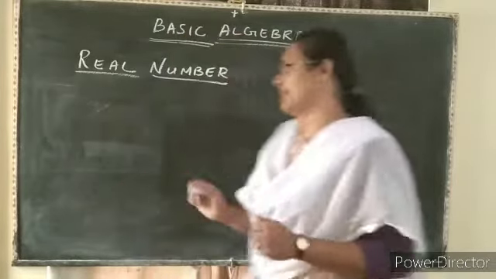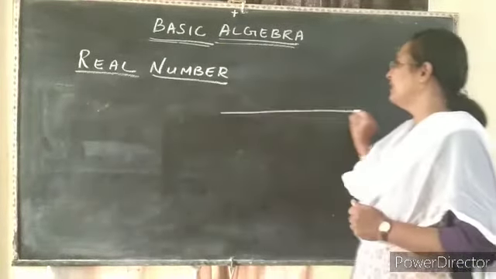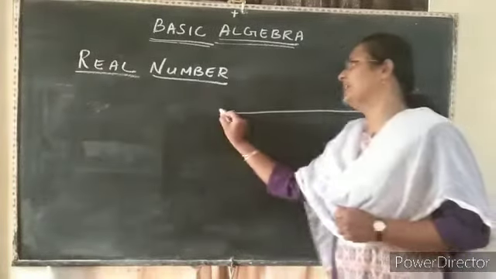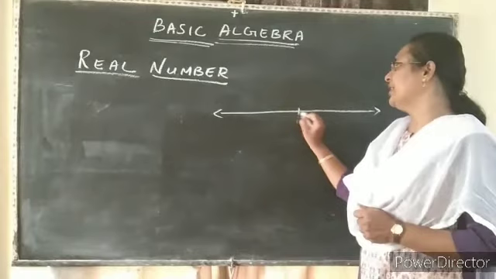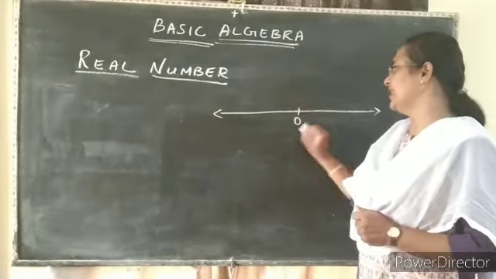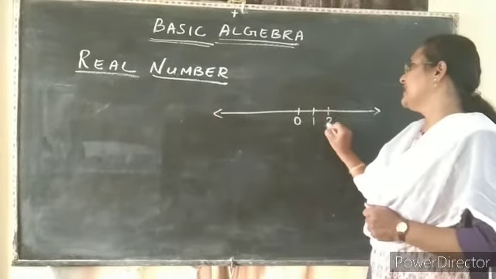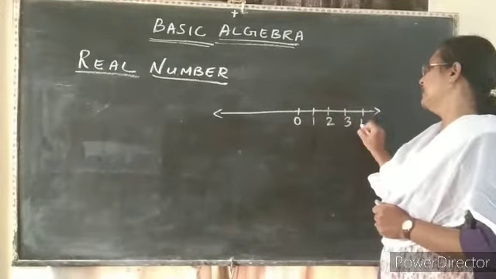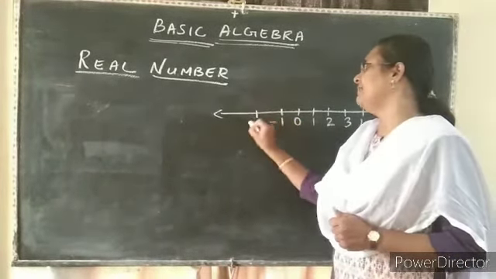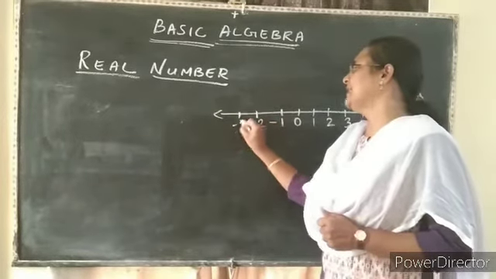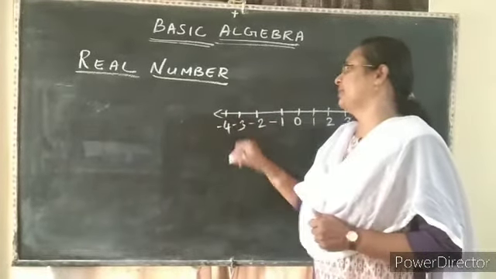Can you guess? Now you just imagine we have a straight line, the number line, isn't it? So we have drawn a number line, and we know how to mark the number line. 0, and this is 1, this is 2, this is 3, 4, and it goes on. In the same way we can have -1, -2, -3 and -4. Yes or no?